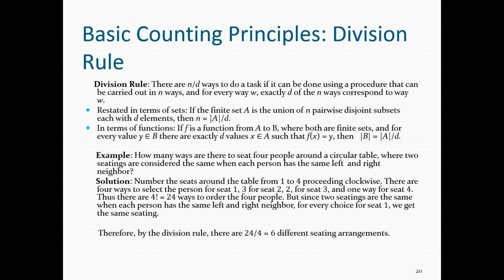Next is called the division rule. In the division rule, there are n by d ways to do a task if it can be done using a procedure that can be carried out in n ways, and for every way w, exactly d of the n ways correspond to way w.